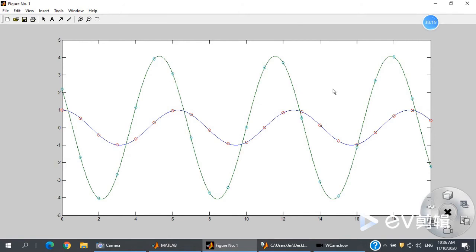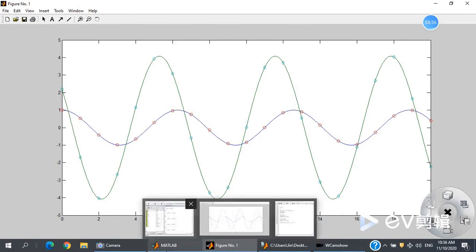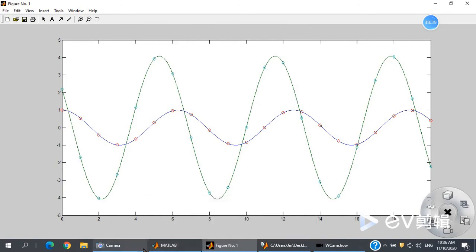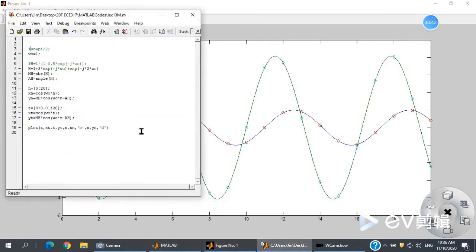Is it shifted by 1? Let me see. This signal now has a peak value. Now the peak value will be on the top. Oh, it's not on the top. Am I good? It should be shifted by 1, right?